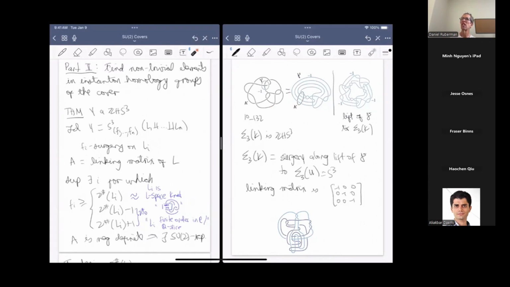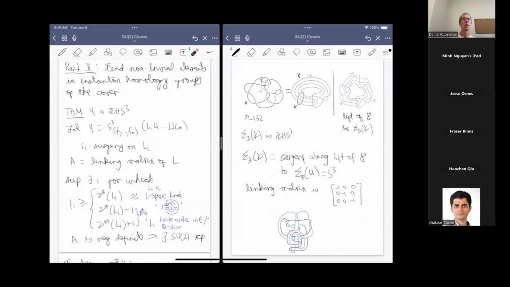And so you can get a surgery representation of S3 with this linking matrix. So this cannot work, right? My theorem cannot work for this surgery representation.